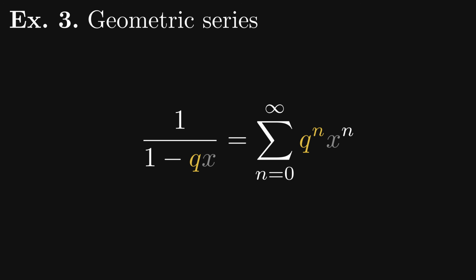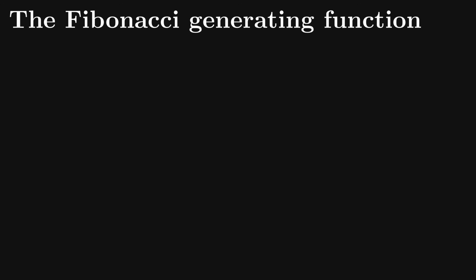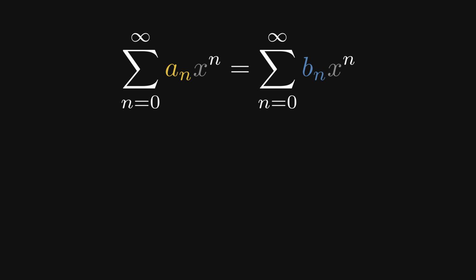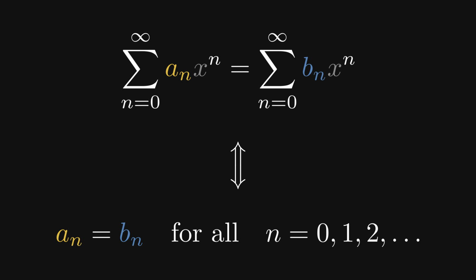The generating function we want to study is the Fibonacci generating function defined by F(x). How can we find an explicit formula for fn with the help of F(x)? Simple. If the generating functions for the sequences an and bn are equal, then an and bn must be equal as well.